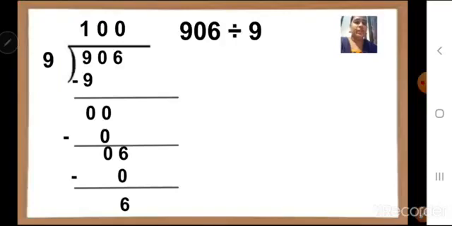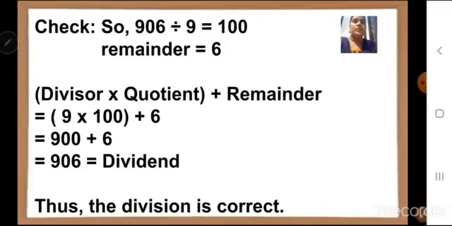Next we have to check our answer. First write 906 divided by 9 is equal to 100, remainder is equal to 6. Write the formula. Then substitute all the numbers. Divisor, 9, multiplied by quotient, 100, put the bracket, plus 6. 6 is our remainder.